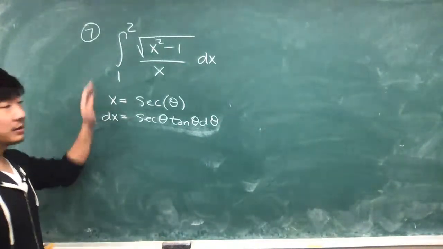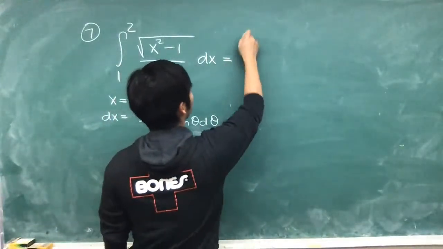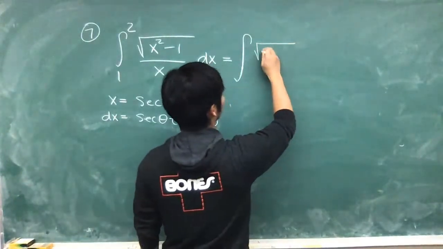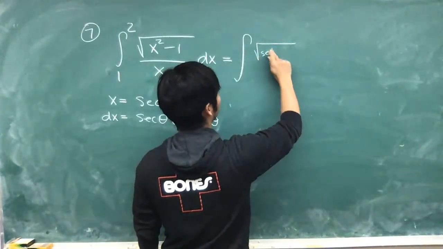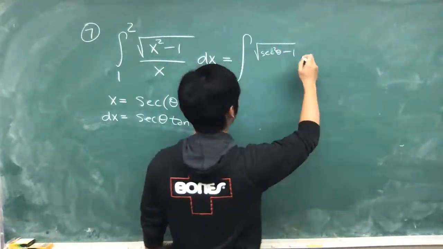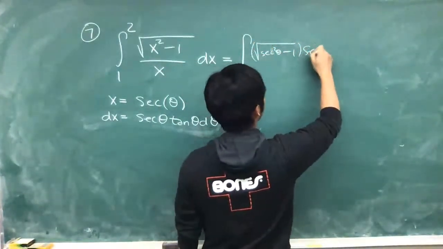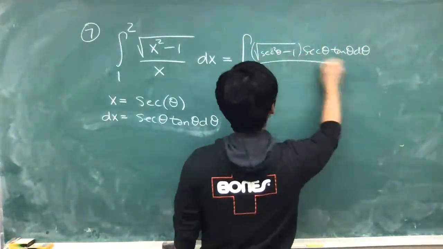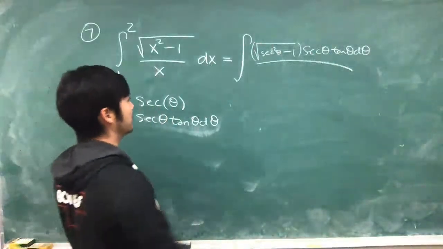So then this integral becomes the square root of secant squared minus 1, times dx, which is secant theta tangent theta d theta, all over x, which is secant theta.